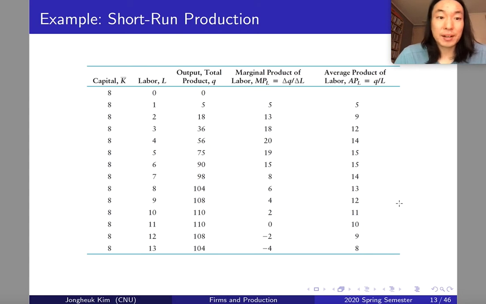Okay, so the capital K is fixed at 8, so we can give it a bar or a hat because it is fixed, but we can see the labor is changing from 0 to 13. So we can say that labor is now our variable input while the capital is the fixed input. So we are living in the short run at this point because we cannot control the amount of the capital at this point or in the near future.